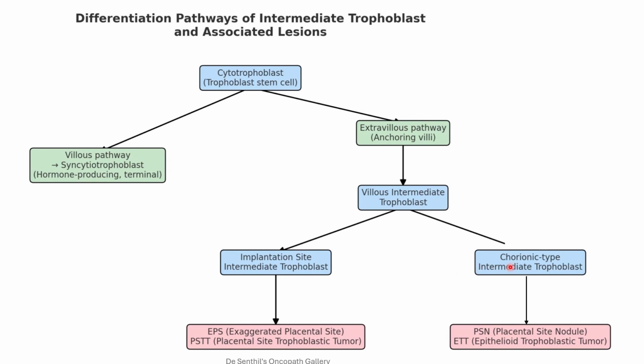In other areas, in the chorionic region, they will be called chorionic type intermediate trophoblast. From the implantation site intermediate trophoblast, lesions like exaggerated placental site reaction or placental site trophoblastic tumor can occur. And placental site nodule and epithelioid trophoblastic tumor can arise from chorionic type intermediate trophoblast.